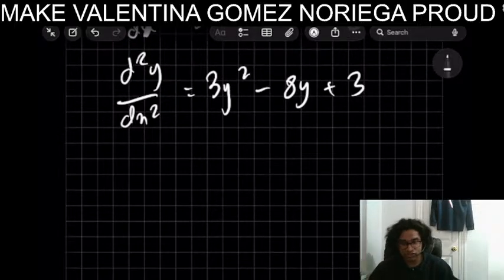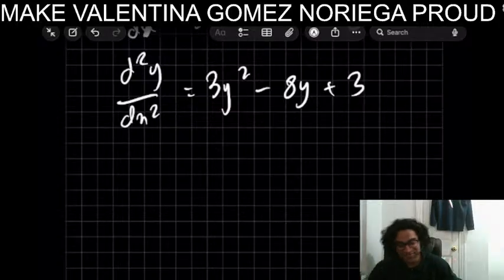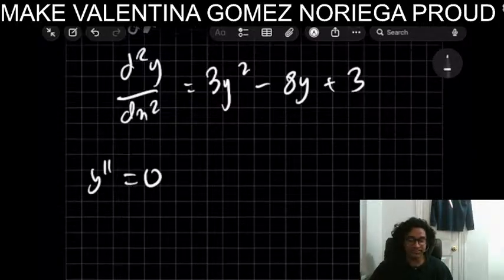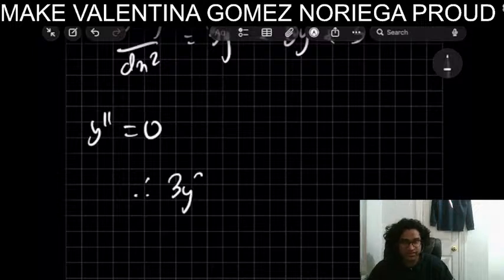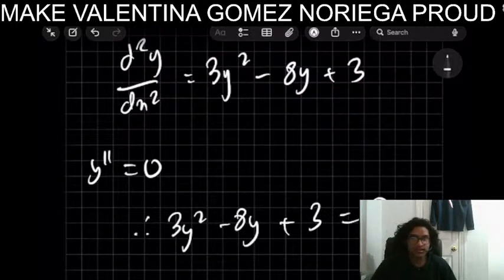And also we need to check, because in concavity, y prime prime is equal to 0. So we're going to have 3y square minus 8y plus 3 is equal to 0.